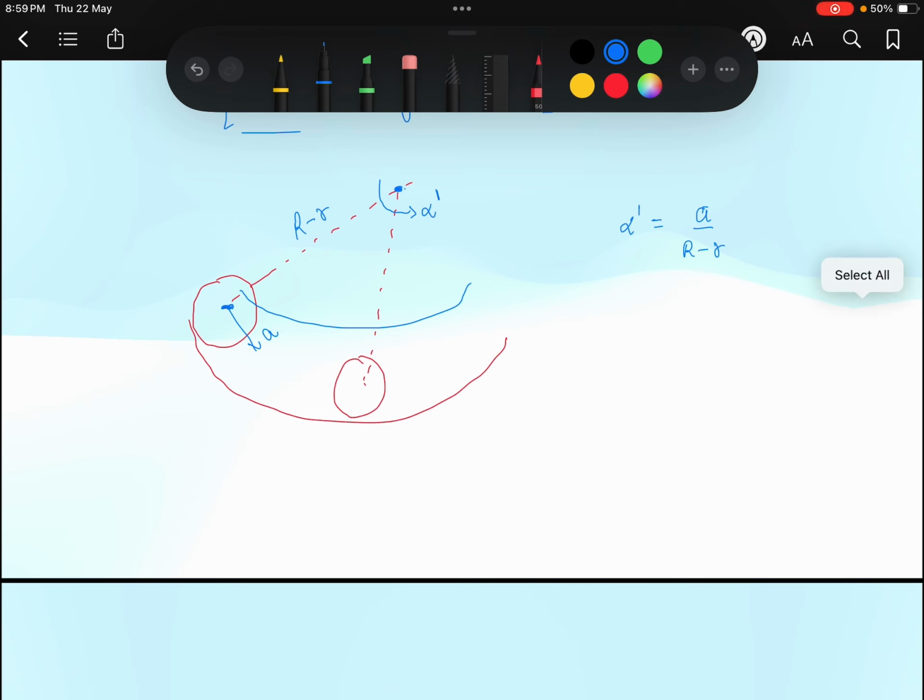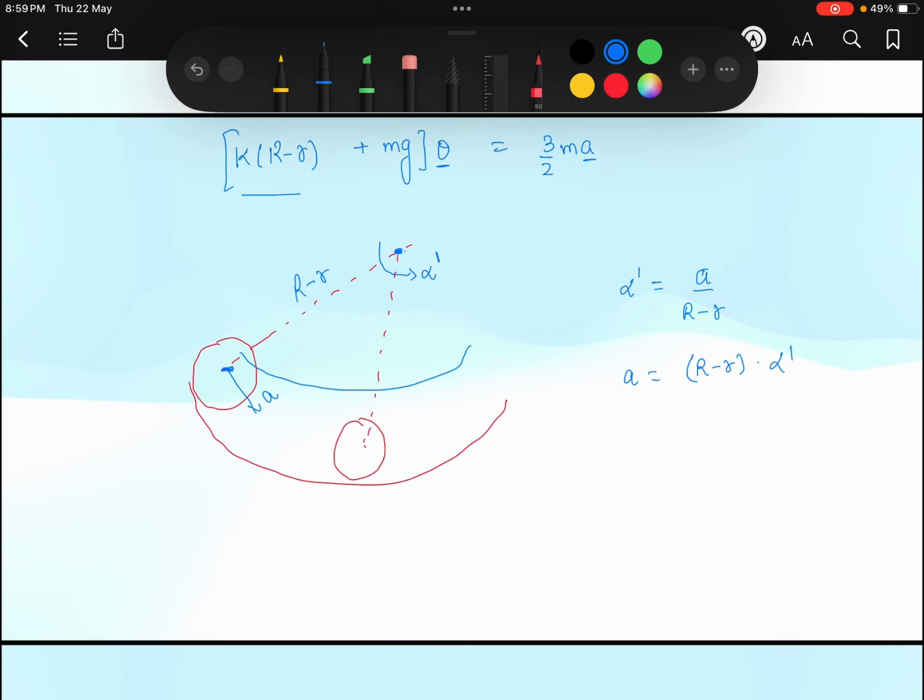Okay, so this acceleration will be equal to how much? Capital R minus small r into alpha dash. Okay, so we will replace this term acceleration in this equation, and we will again write this equation here.